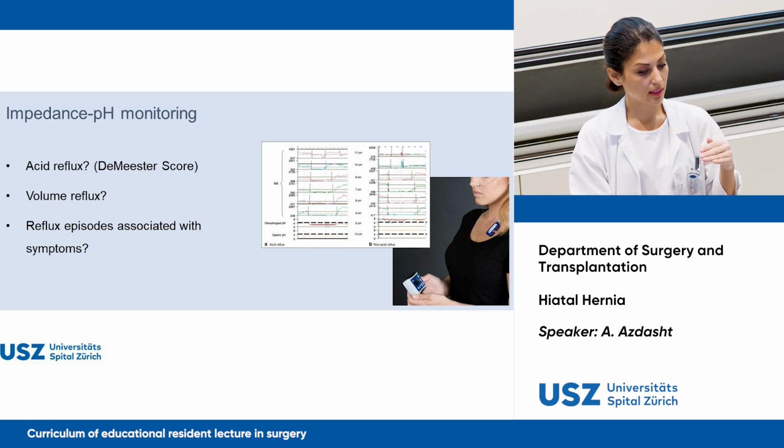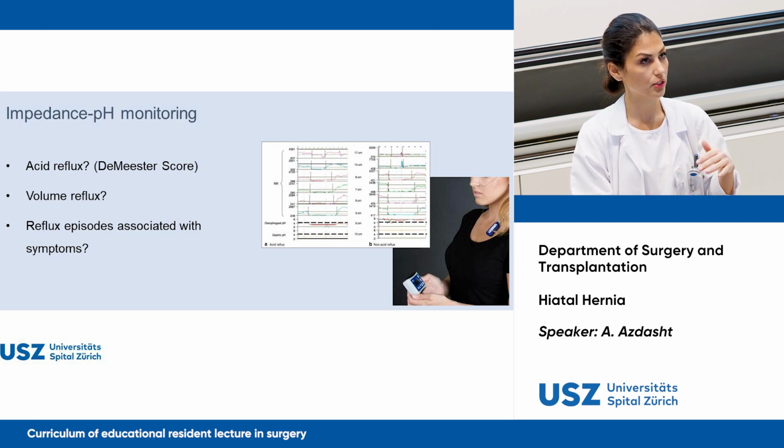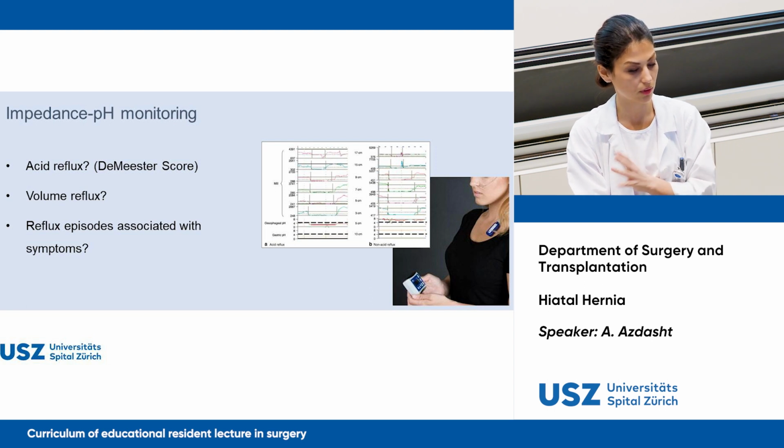And this impedance pH monitoring can detect whether in this situation the patient has acid reflux or just a volume reflux. So he can have volume reflux and be symptomatic without it being of any acidity. So it detects the reflux episodes that are associated with the symptoms.